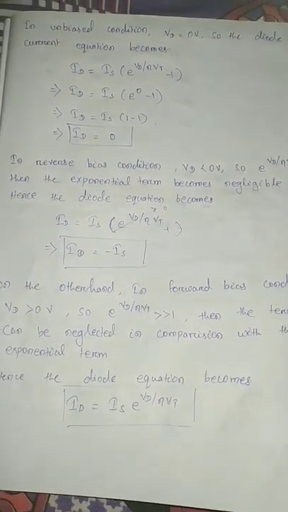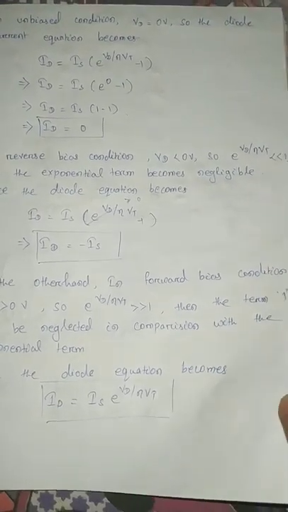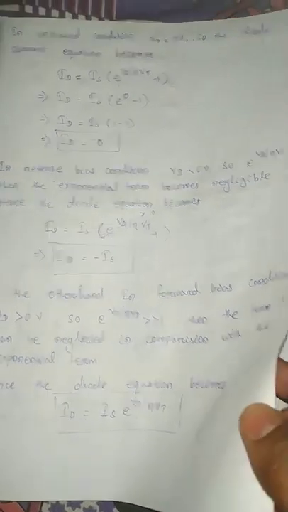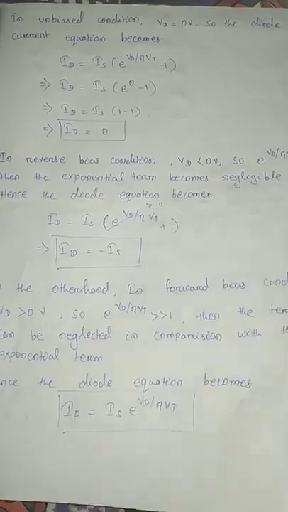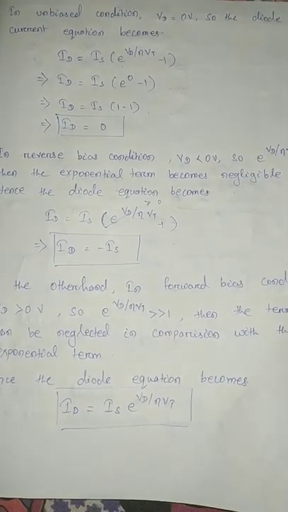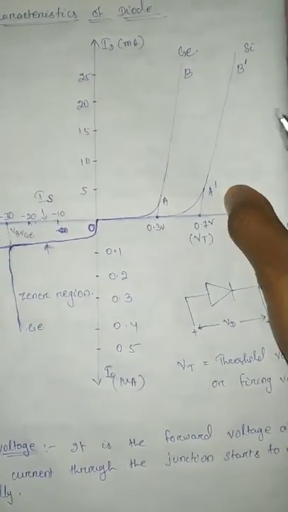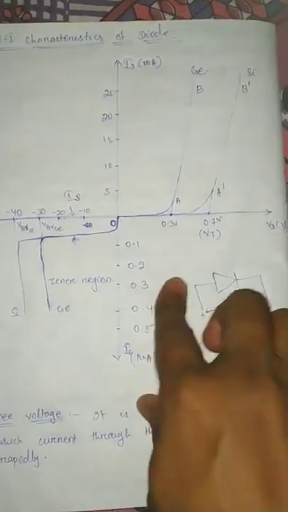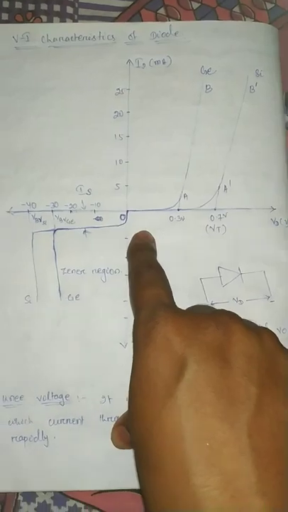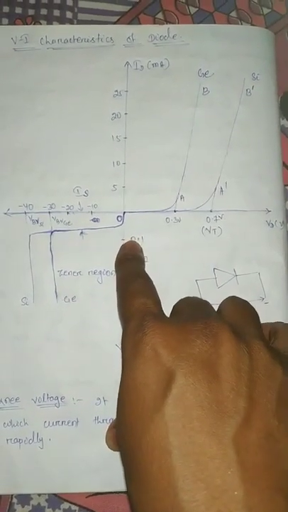Now using this concept we will plot the VI characteristics of the diode. VI characteristics means voltage ampere characteristics of a semiconductor diode. This is the plot for the voltage ampere characteristics of the semiconductor diode.